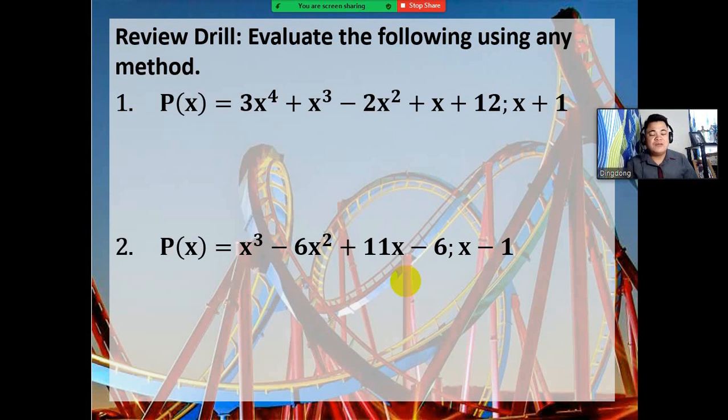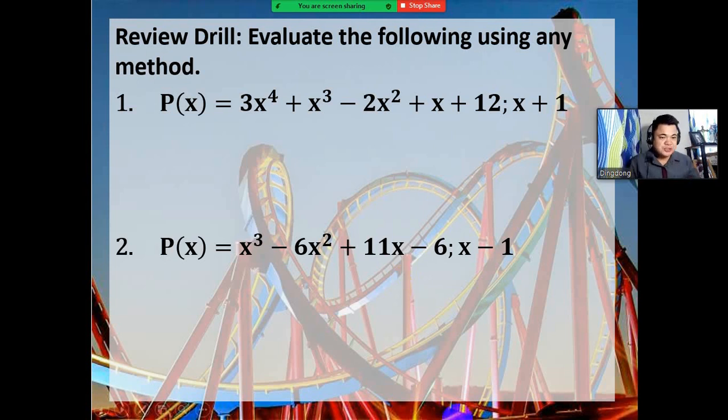So it's up to you which method you are going to use in evaluating polynomial functions. And when we say evaluating, as a review, it's a way of substituting the value of the variable to the polynomial function for you to be able to get the exact value of the p of c. So it is also what we call the remainder when you perform the division on polynomials.